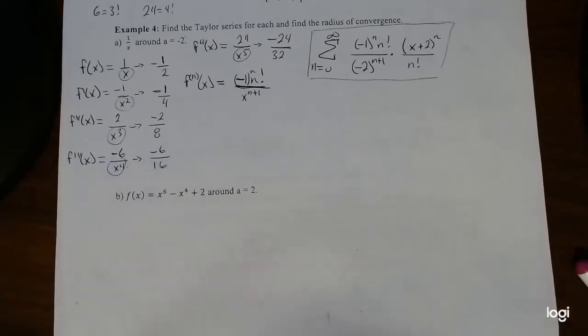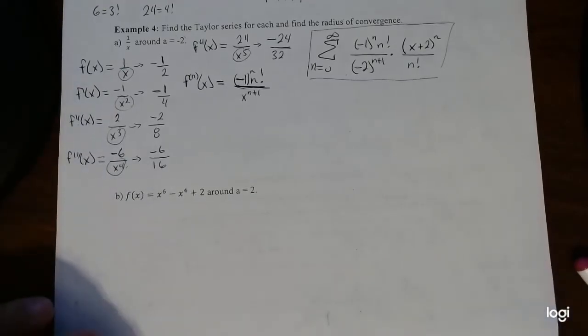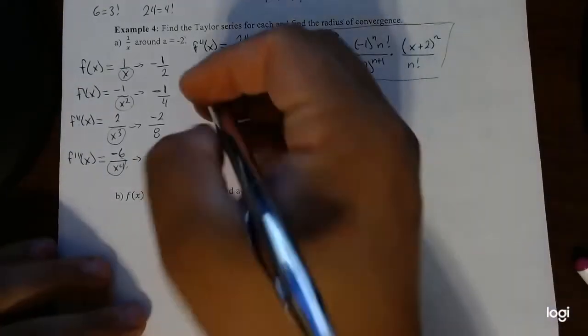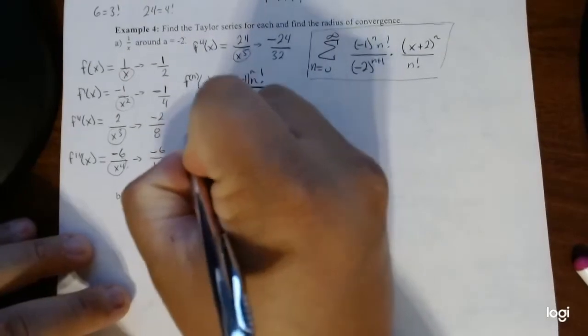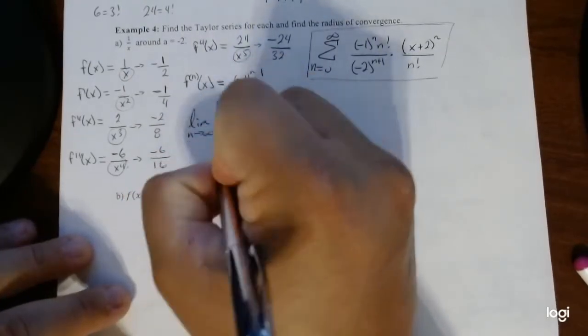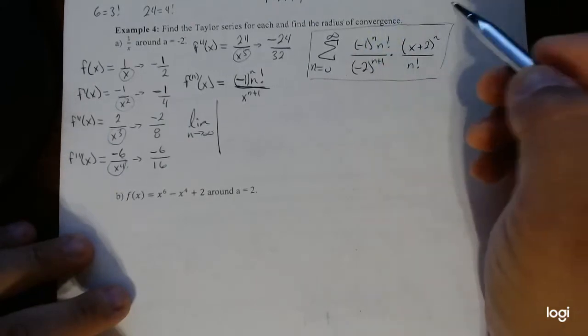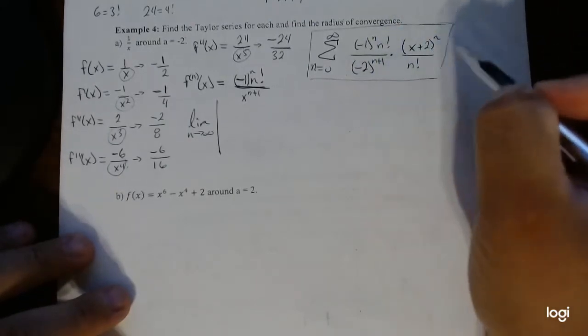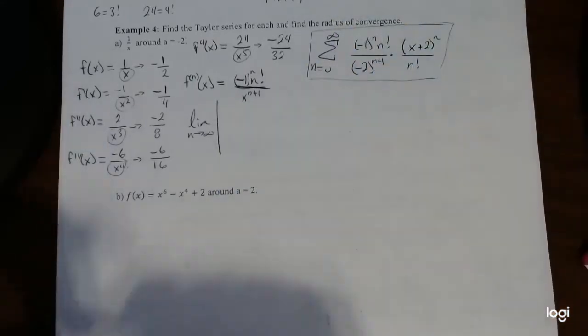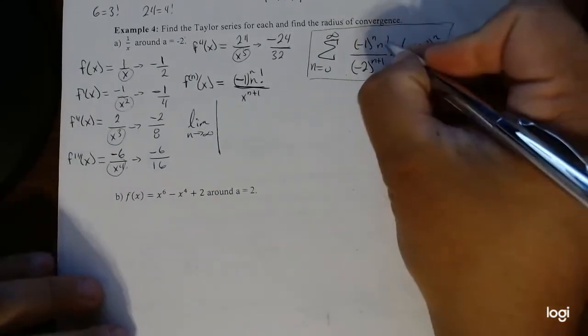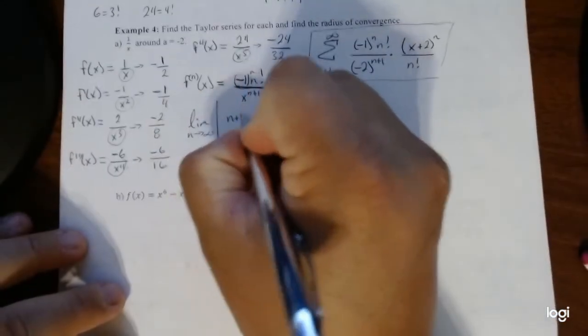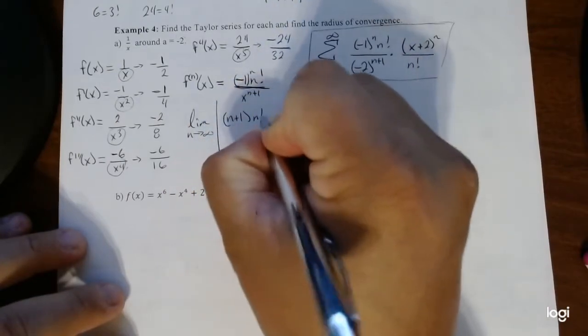All right, lastly, find the radius of convergence. So same process, do the ratio test. I'll just knock that off because it goes away anyway. And again, in this case, you have to put the whole process, so you can't take each individual step. So I'll put n plus 1, n factorial.